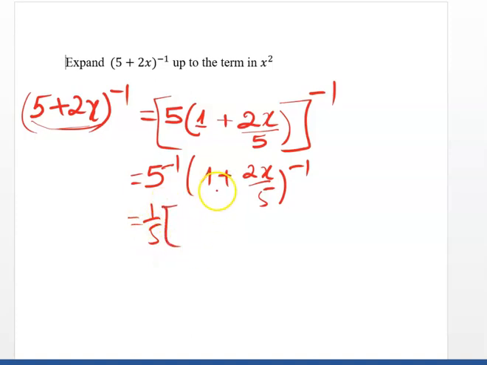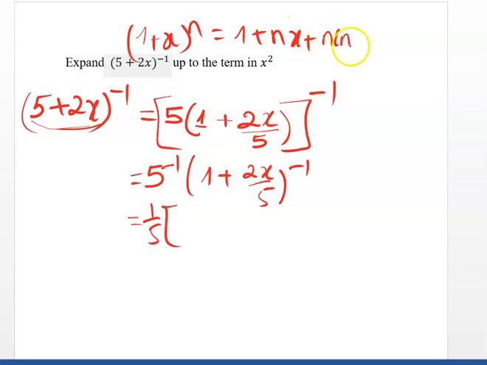Now for 1 plus 2x over 5, we use the expansion. Remember, 1 plus x to the power n is 1 plus nx plus n times n minus 1 over 2 factorial x squared and so on, for which the absolute value of x is less than 1, that's the range.